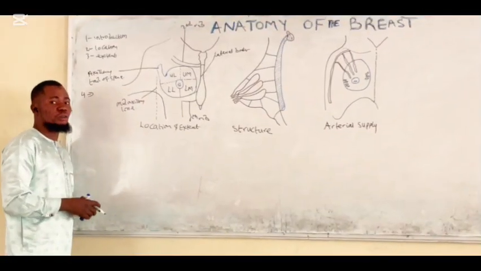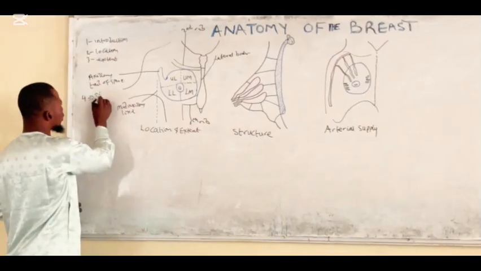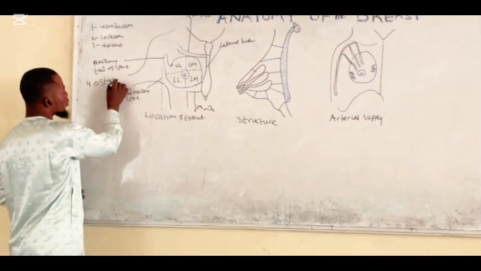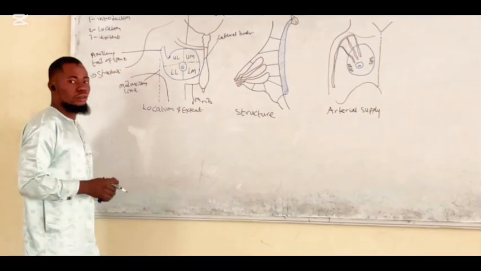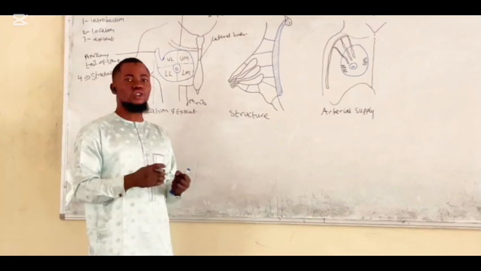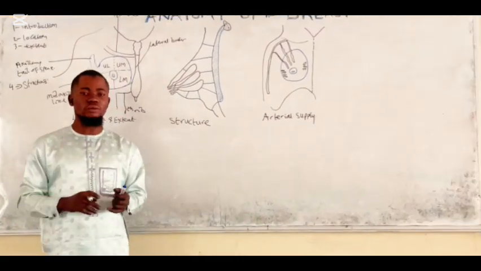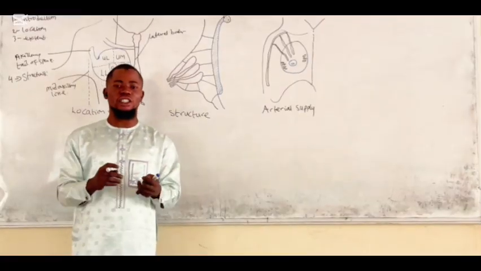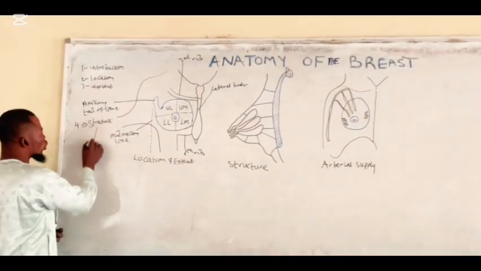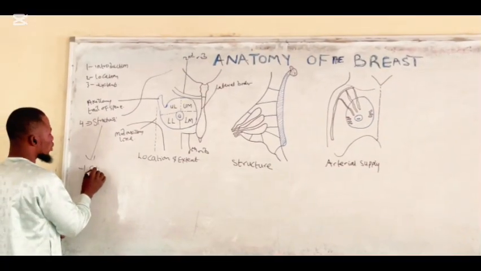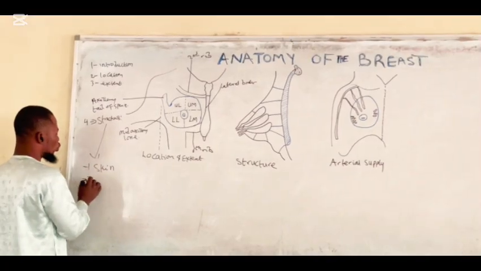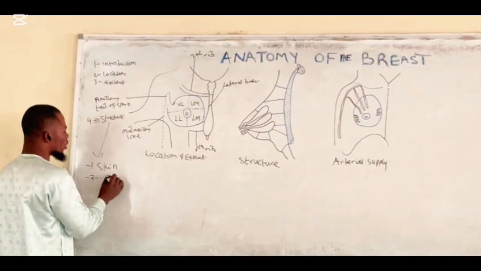Structures of the breast. For easier understanding, the structures of the breast are divided into 3: the skin, the stroma, and the parenchyma.